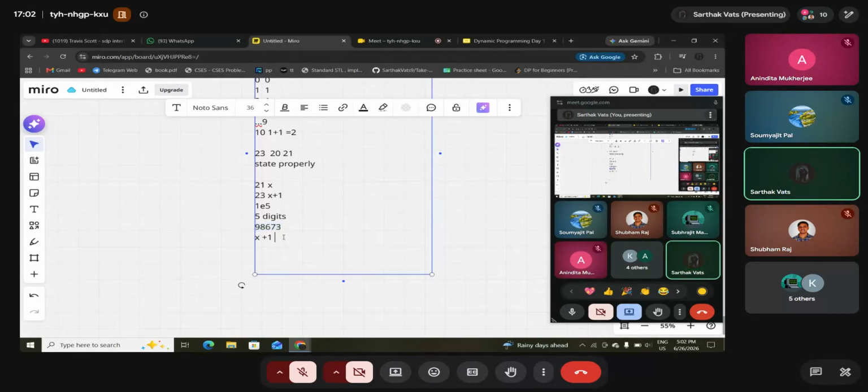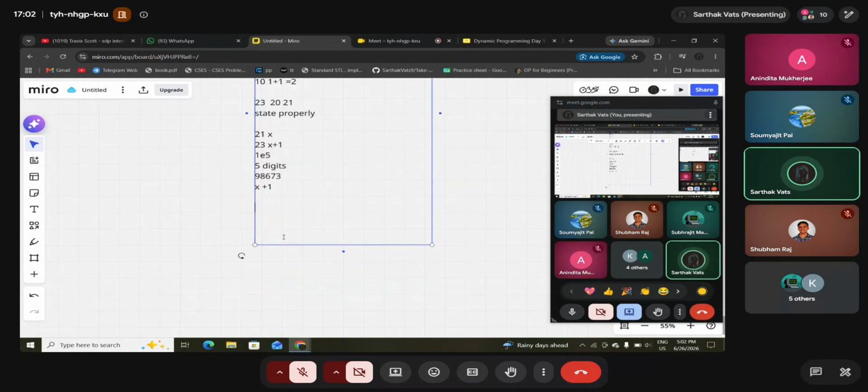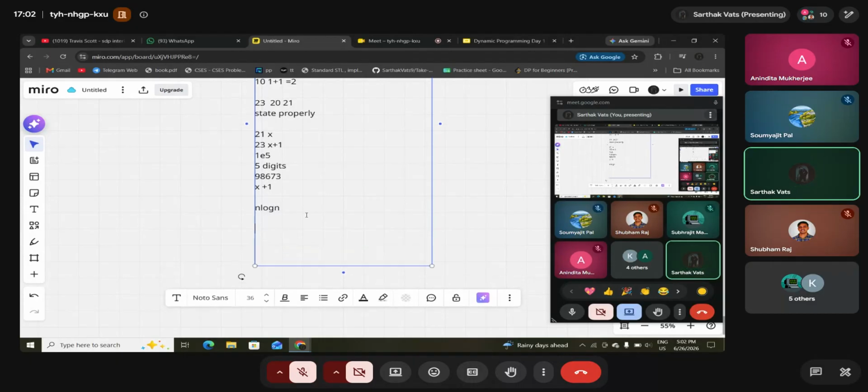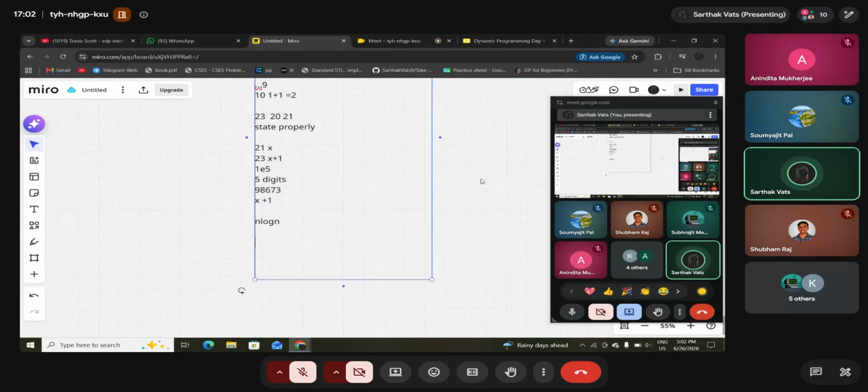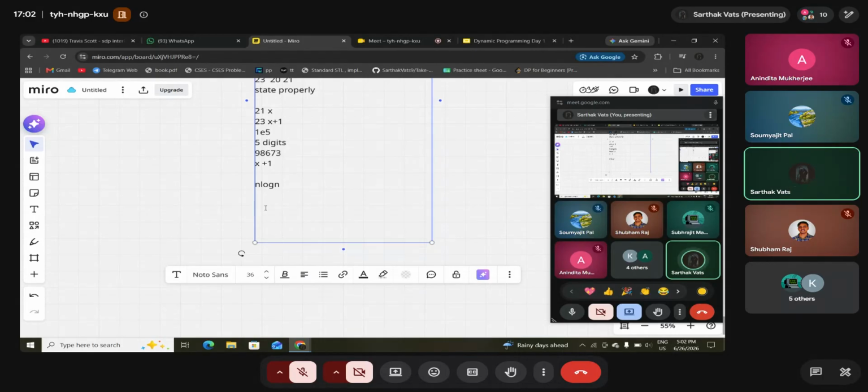Okay, so now I think the implementation gets very simple, and the time complexity is n into 5, so somewhere around n into a constant, but n log n would be the formal definition of that. I hope there are no doubts in this. It's pretty easy to implement.